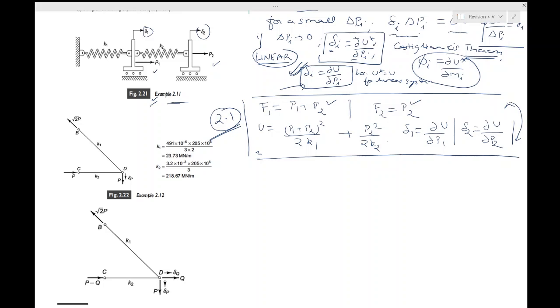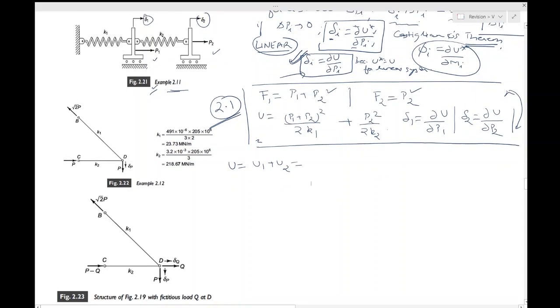I think BD was in extension and CD was in compression, but the potential energy will still be U1 plus U2, and that can be written as P1 square by 2k1 plus P2 square by 2k2.